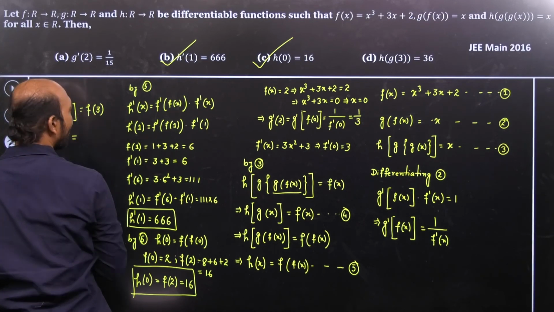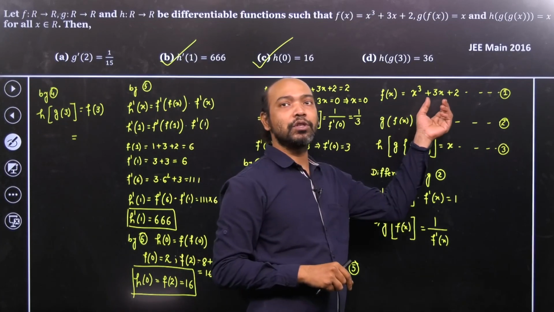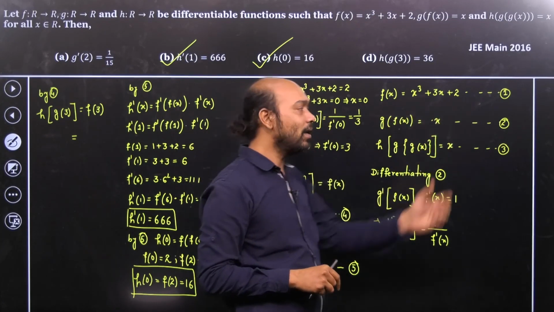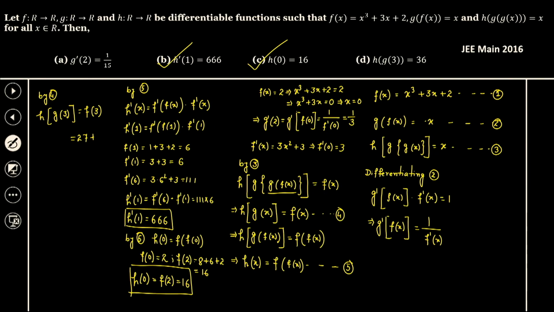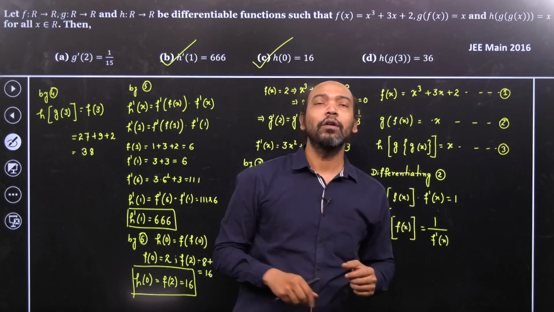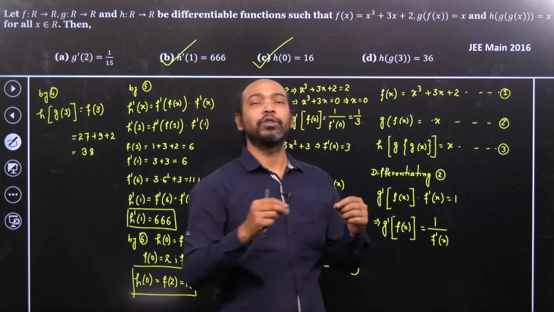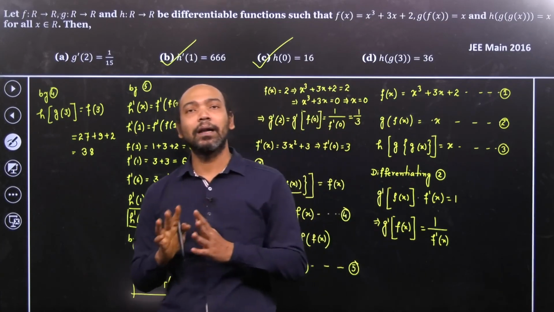Now what is f of 3? We just need to substitute x equal to 3 here, right? So 3 cubed is 27 plus 9 plus 2. So that is 38. And that's not 36. Okay. So therefore for this particular problem, option B and option C are the correct answers.